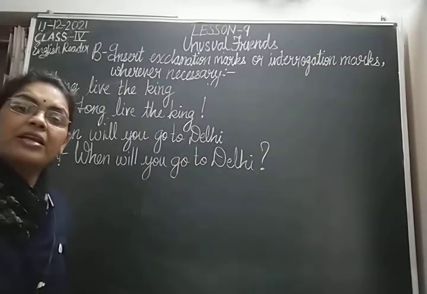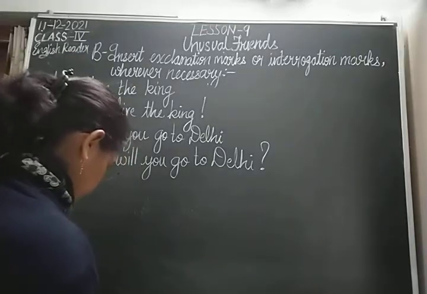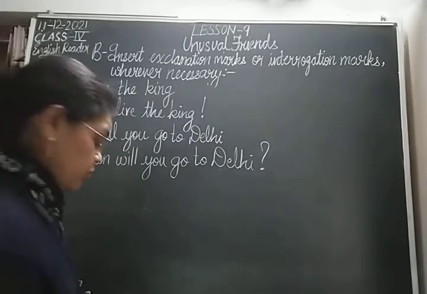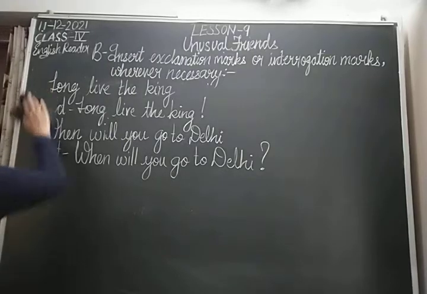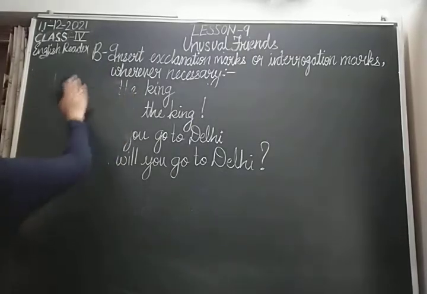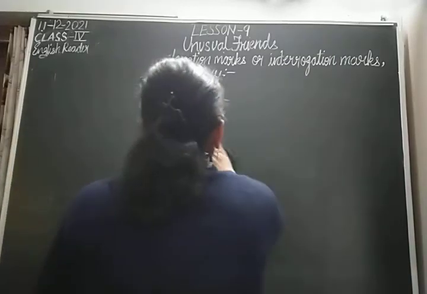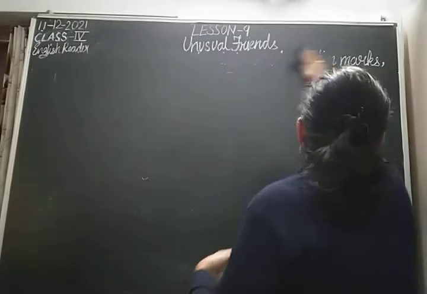So we'll end with a question mark or an interrogation mark. Clear? Now I hope all of you know the use of the exclamation mark and the interrogation mark. Interrogation marks are nothing but question marks. तो सबको पता ही है कि question के end में हम question mark use करते हैं.